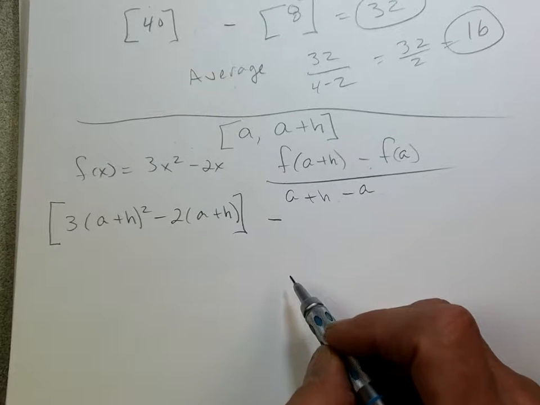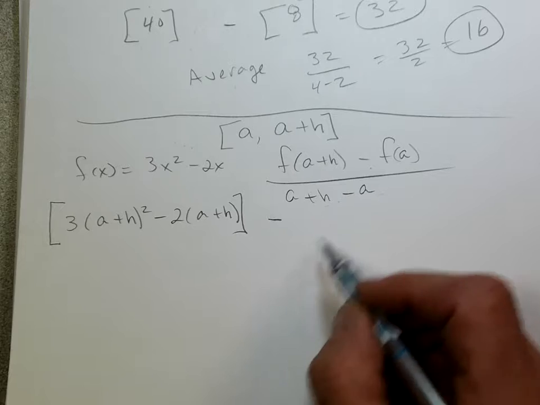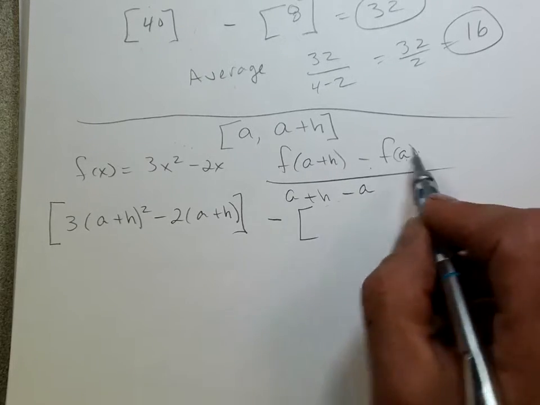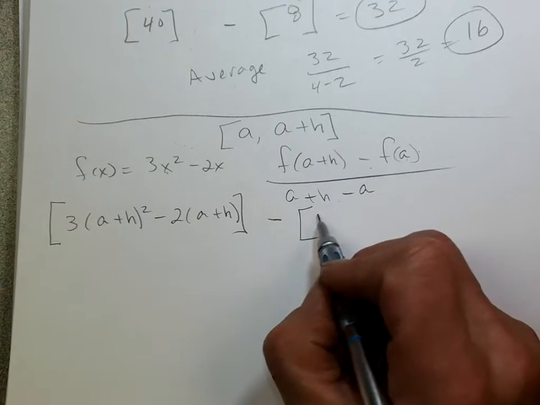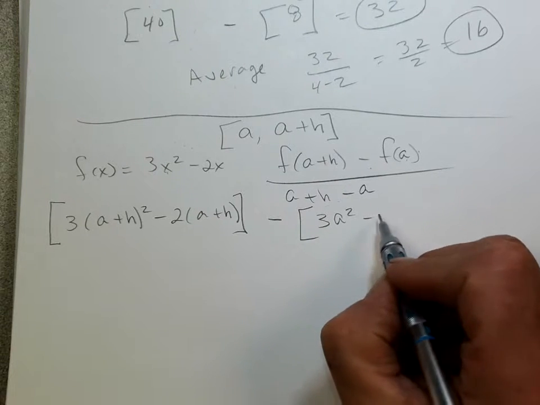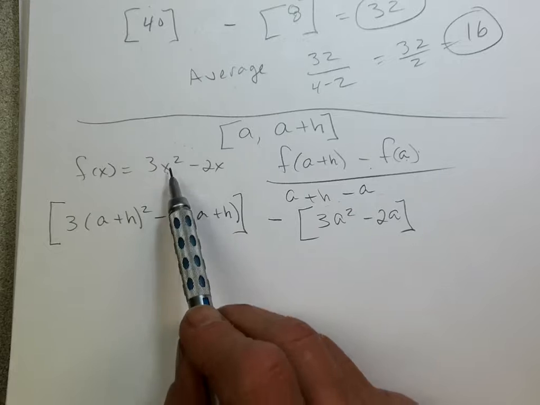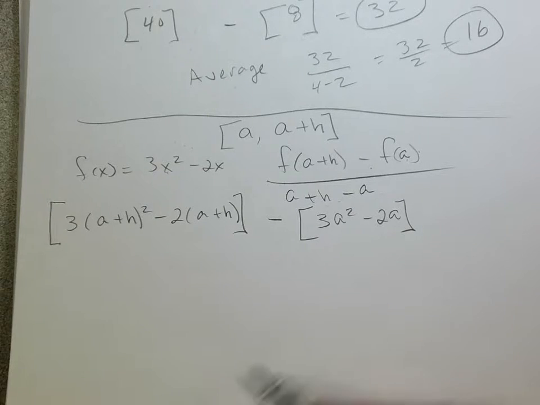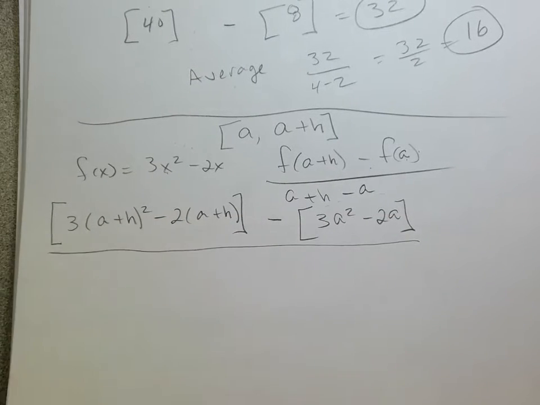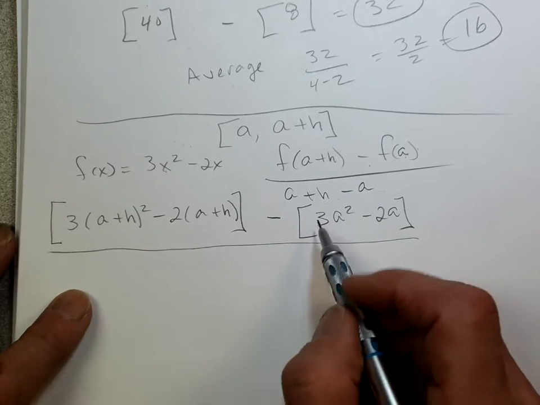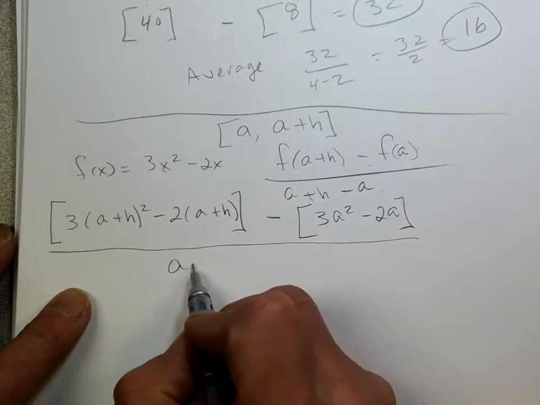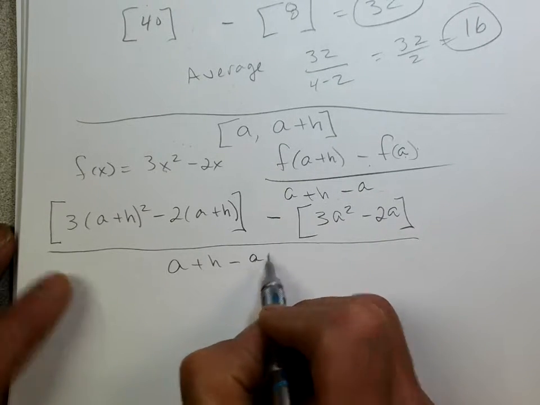Am I going too fast? My f of a. So I'm going to plug in my a. A is going to go in for x's, so I'm going to go 3a squared minus 2a, all right? So I plug the a in for x's, okay? And I'm going to divide this whole big ugly thing by a plus h minus a, okay?